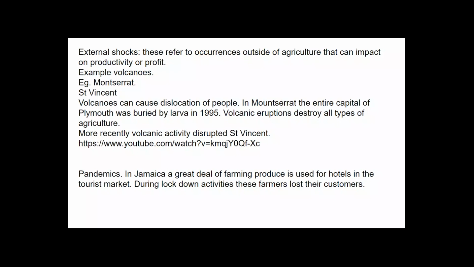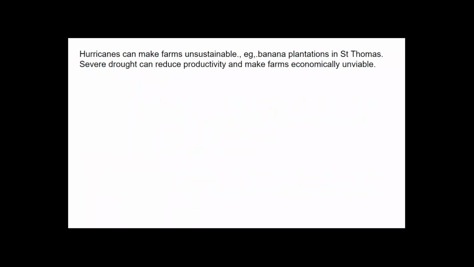You might remember hearing about it last year and the year before, when there were no tourists coming to Jamaica, and a lot of Jamaican farmers, all their produce was sold to the hotels. And therefore, because the hotels were locked down, these farmers couldn't make any money. So that's an external shock which threatens sustainability.